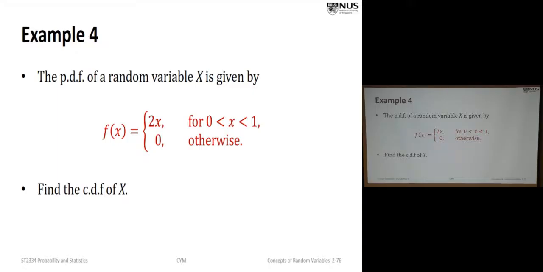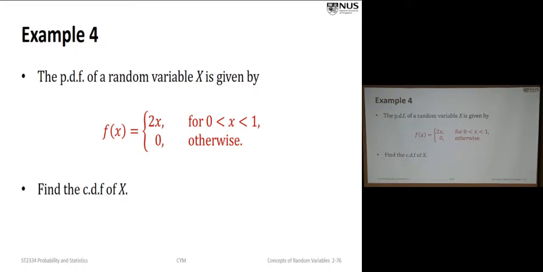The way to do things is slightly different for these two types. For discrete, we use summation to add the probabilities for different values, while for continuous, we use integration. We also talk about another way to represent a random variable, called the cumulative distribution function, the capital F.